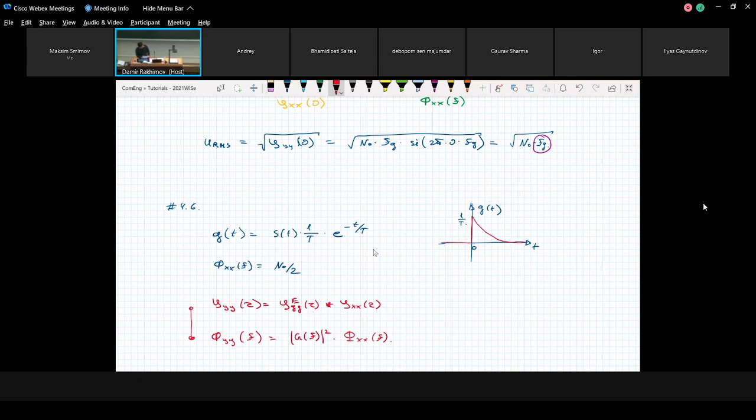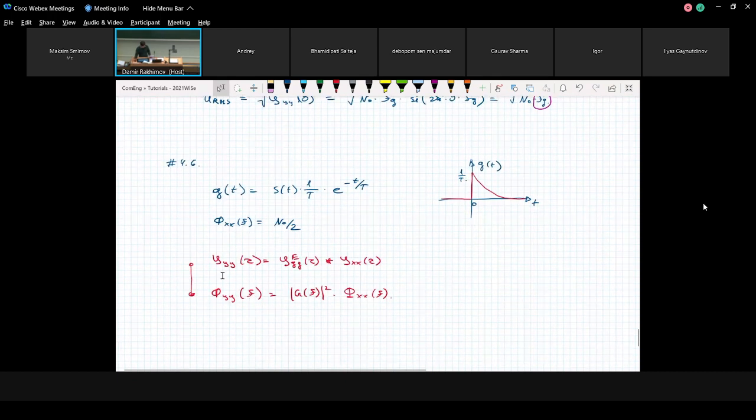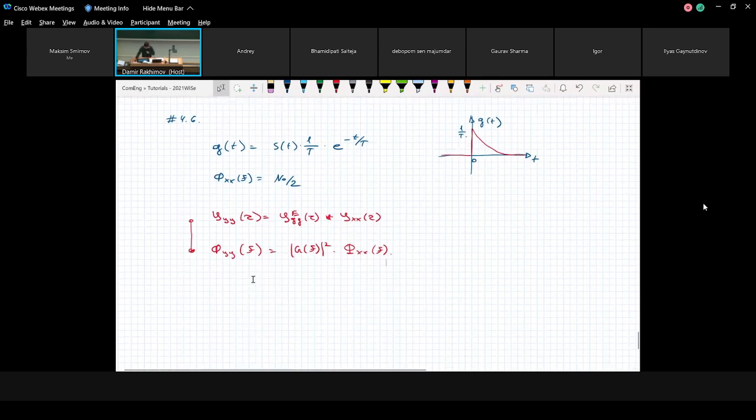Anyway, we need to determine the RMS value, and it has to be a function of cutoff frequency. I think it will be easier if we keep analyzing in the frequency domain. But to do this in the frequency domain, we need to find the transfer function, which means calculating the Fourier transform of the impulse response.